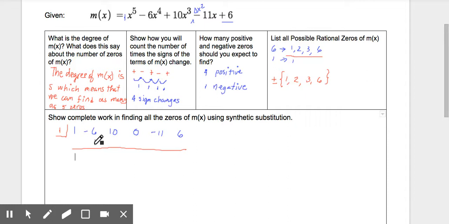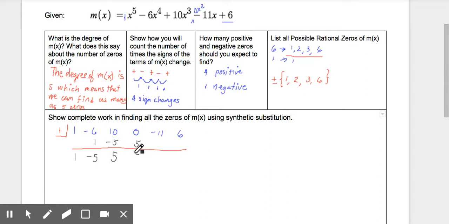Put it here. Negative 6 plus 1 is negative 5. Negative 5 times 1 is negative 5. 10 minus 5 is 5. 5 times 1 is 5.